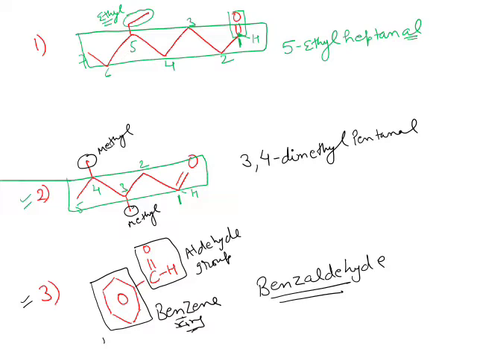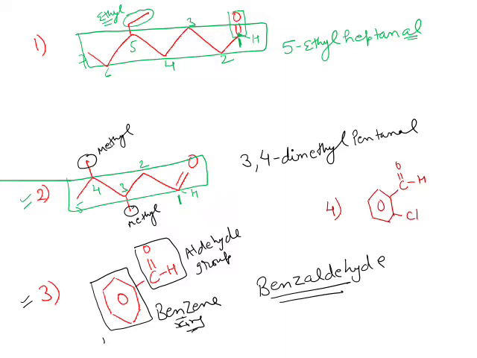So let's try to do one more question on the same concept of benzaldehyde. Let me give you the fourth question over here. So if you have benzene, if you have an aldehyde on benzene, and if you have this chlorine atom attached to the benzene ring, how are you going to name this thing?